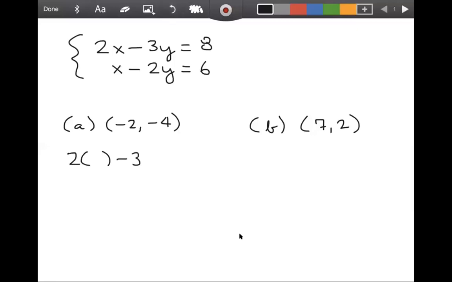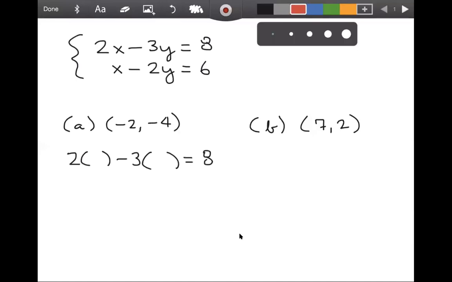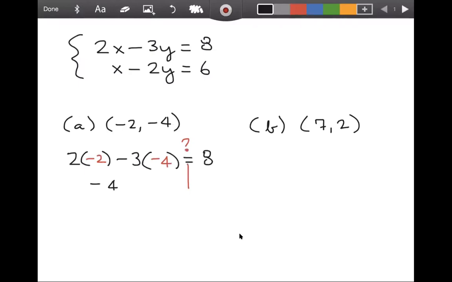When I put in -2 for x and -4 for y, and put a question mark here, I end up with -4 plus 12, which is equal to 8. So for that one equation, the answer is yes.